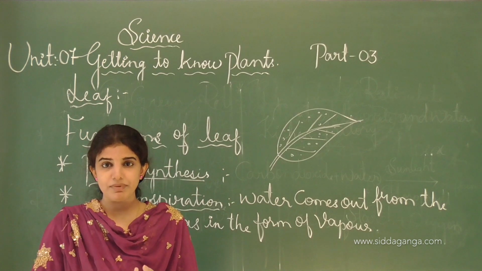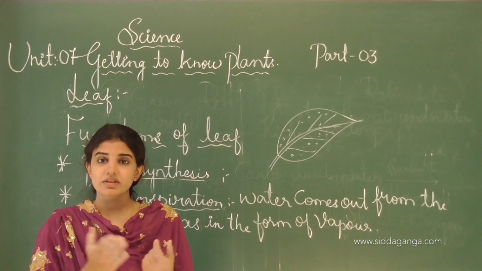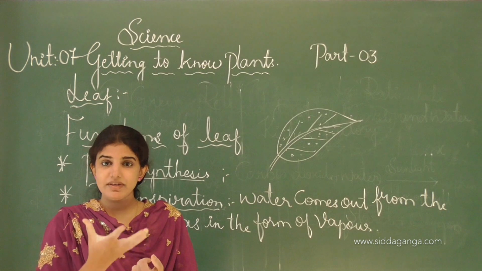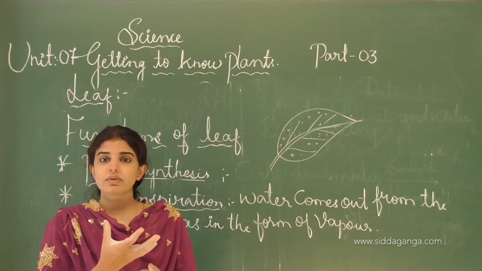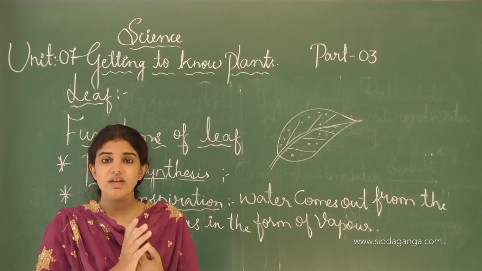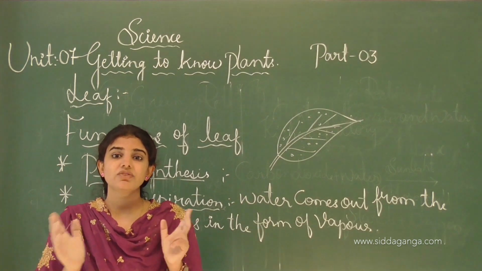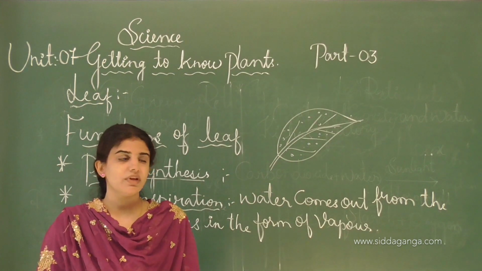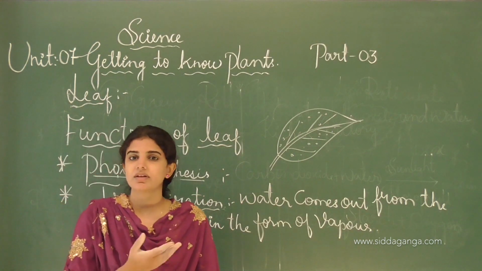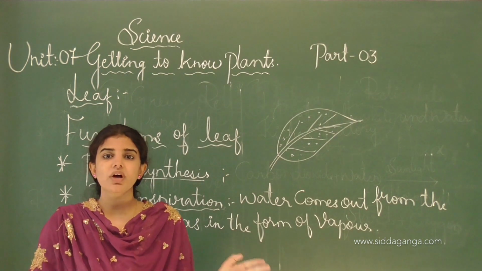Chlorophyll is a type of pigment. See, pigment is nothing but the color. Chlorophyll is the green color pigment which is present in the leaf, and by utilizing the light of the sunlight, that's why sunlight acts as the ultimate source of energy which provides the light as well as the heat to the atmosphere, and the food is prepared like starch, and also the oxygen is released to the atmosphere.